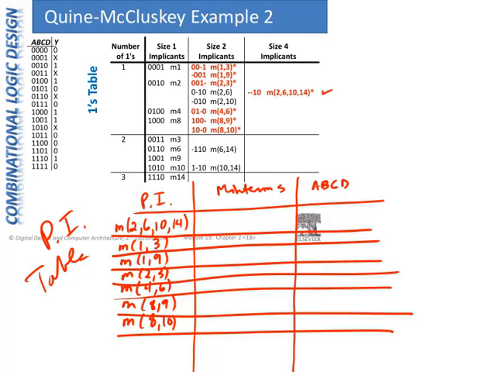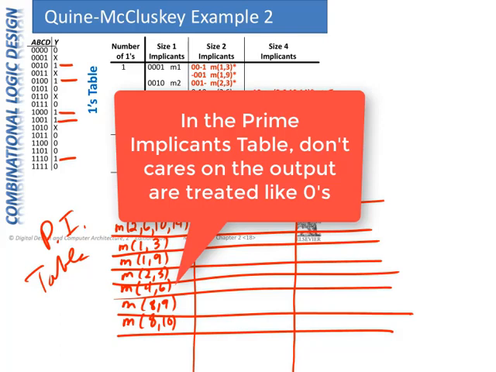And now let's list the minterms that we need to have included in our equation. So we need the minterms that have to be 1 on the output. So now we're going to just look at the ones in our output function. The don't cares don't have to be ones in our output. They can be if they help expand our circles or if they help us minimize our equation further.